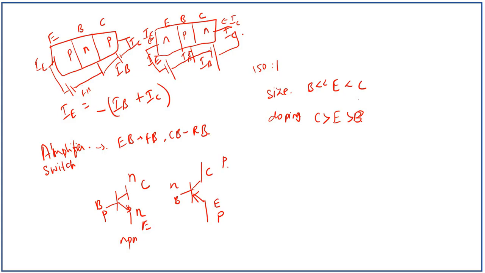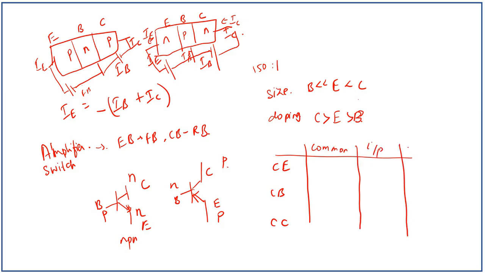We have 3 types of configurations: common emitter, common base and common collector. We have a common terminal, input terminal and output terminal. The common terminal is also the grounded terminal.